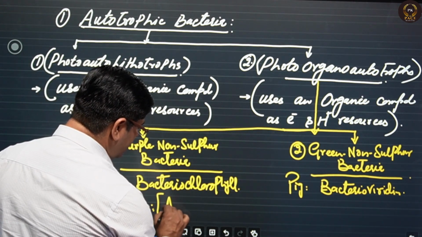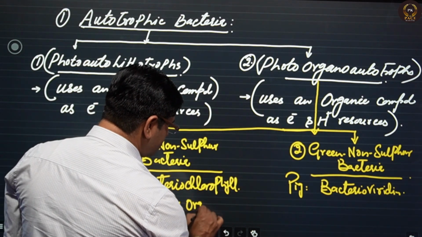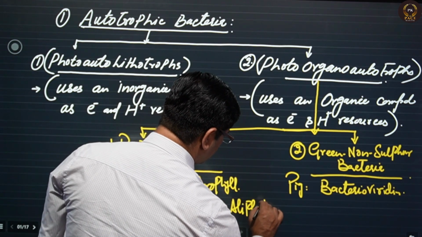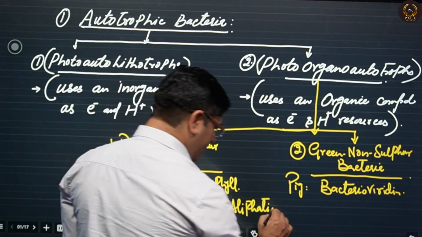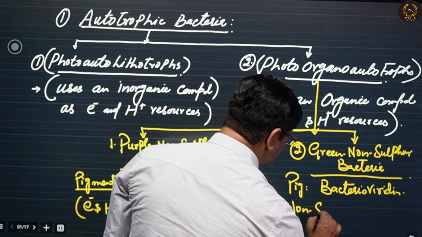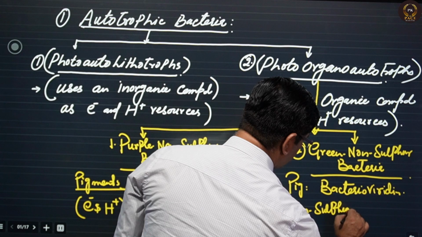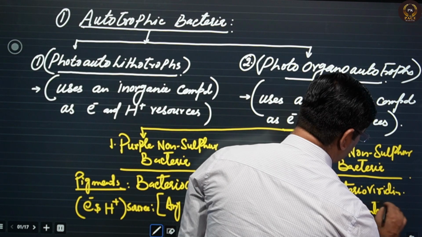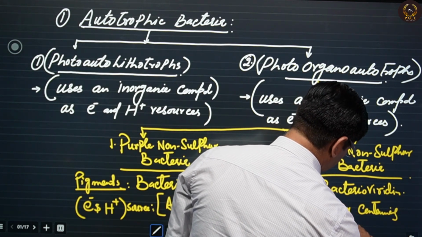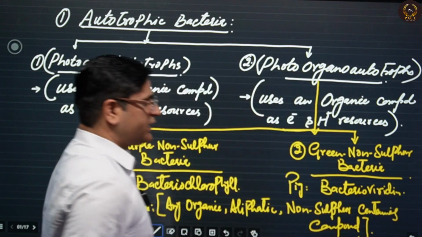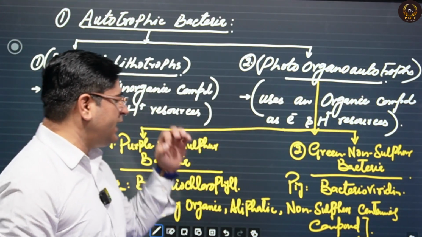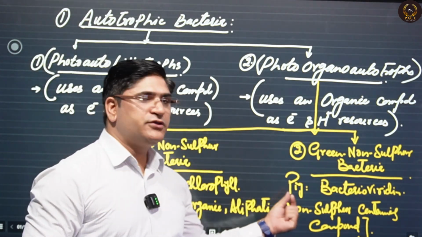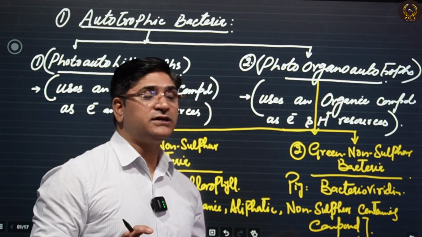They can use any organic aliphatic non-sulfur containing compound. So these organisms can use any type of organic aliphatic compound, but it should be non-sulfur containing, not sulfur containing.